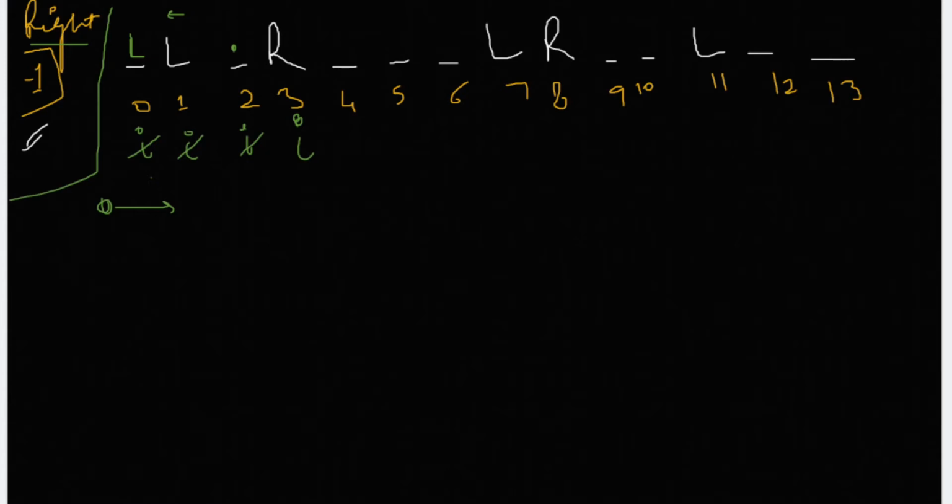So since there is no domino behind it that is already being pushed towards right, this will be my first domino that is actually being pushed towards right. So I will update my right variable's value with this index, that is i. So my right will now contain the value 3.